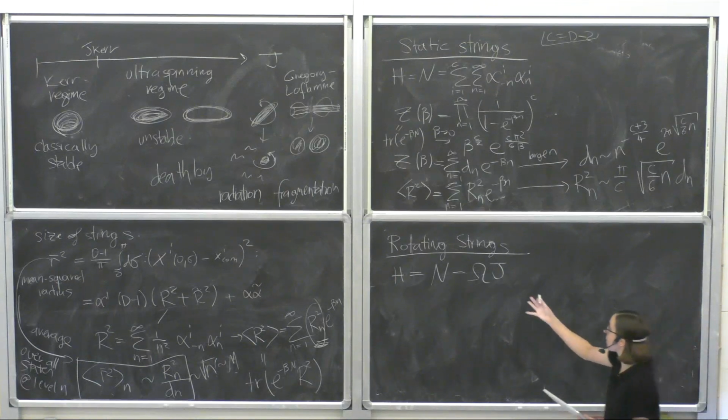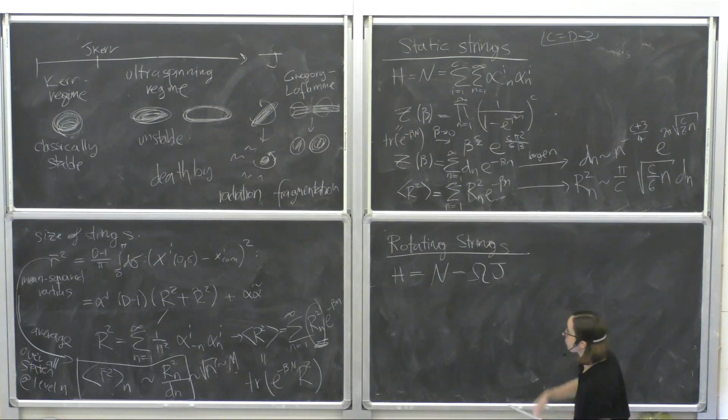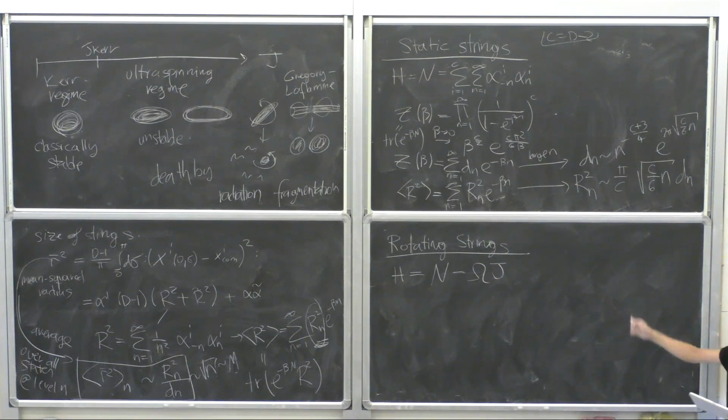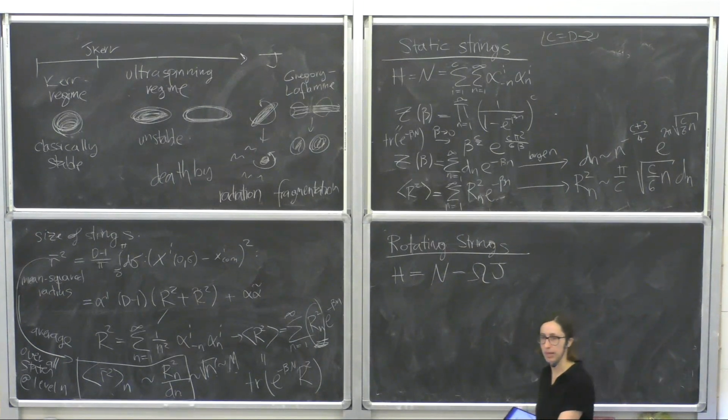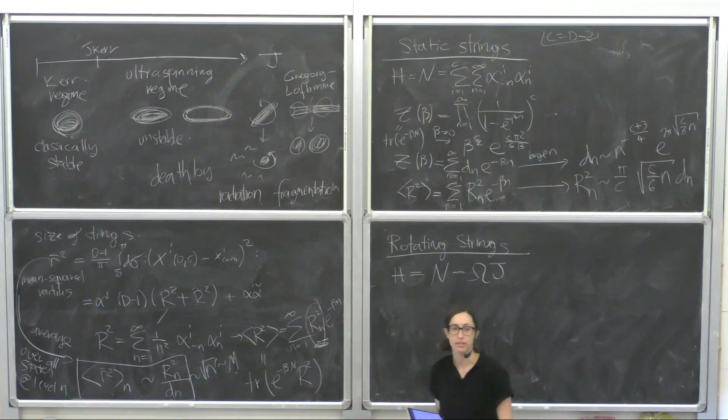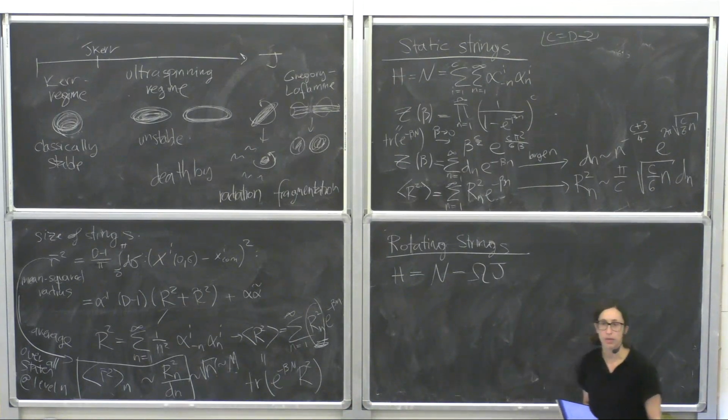So what do I have available from the solution of the string that could give me angular momentum? We had the center of mass location, we had the linear momentum, and we had this bunch of oscillators.